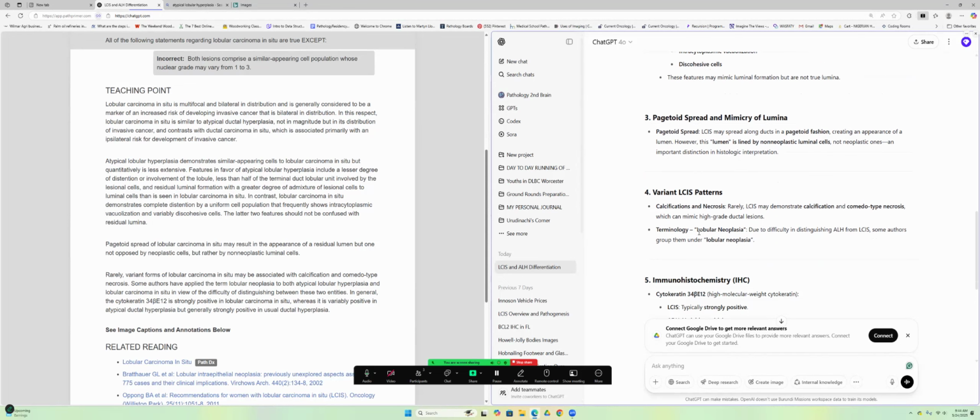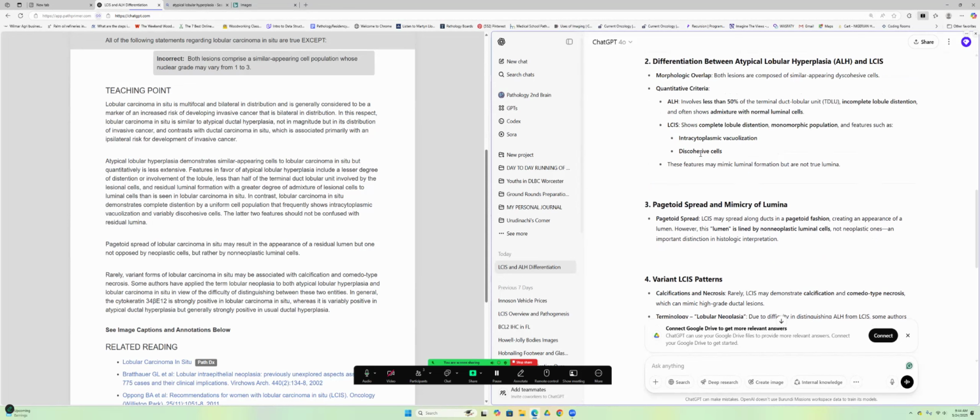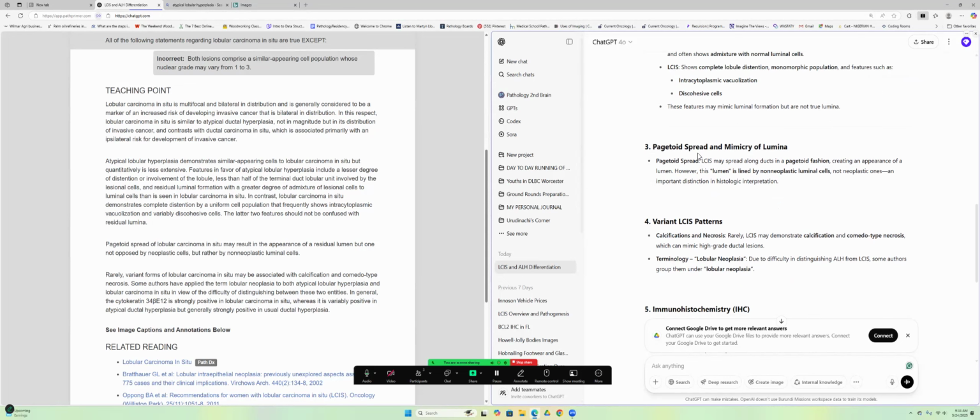What's the next now? Continue. Pagetoid spread: it may spread along ducts in a pagetoid fashion, causing the appearance of a lumen. However, the lumen is lined by non-neoplastic luminal cells, not neoplastic ones.